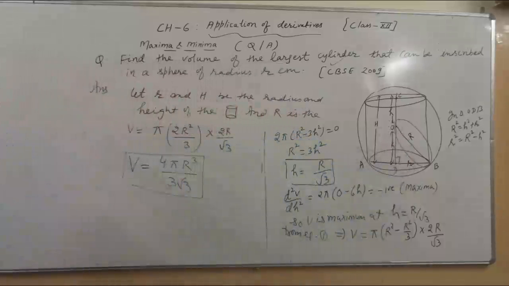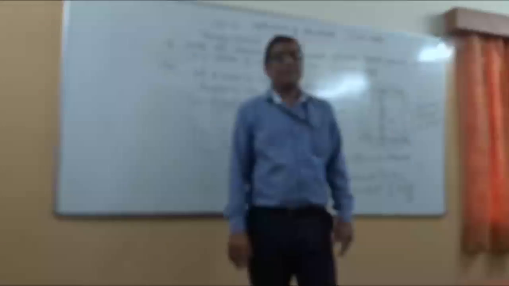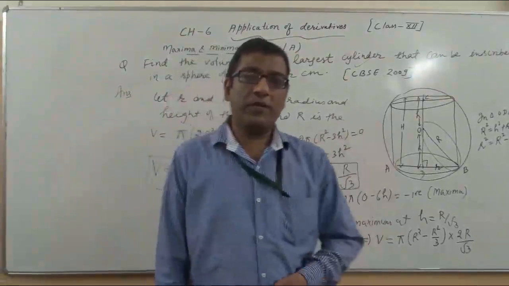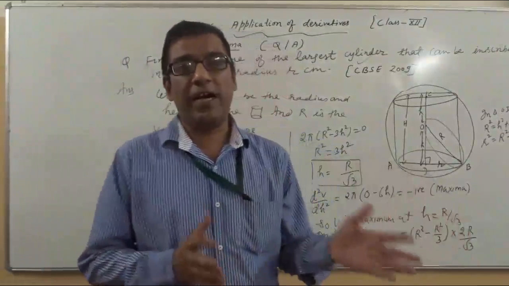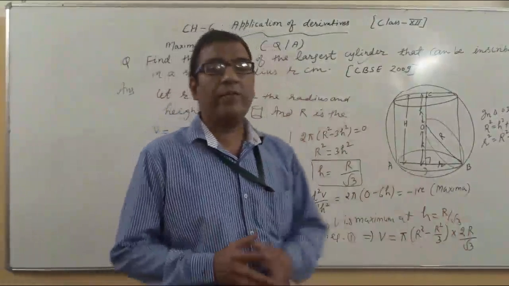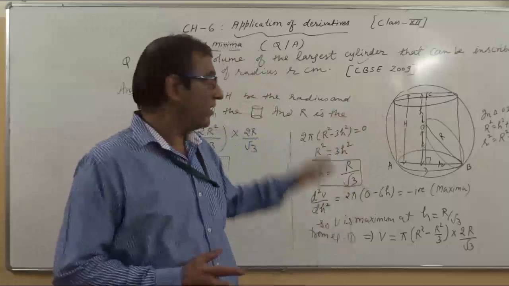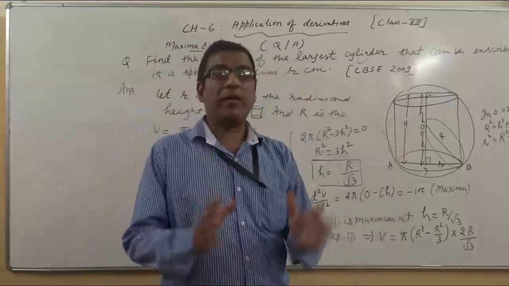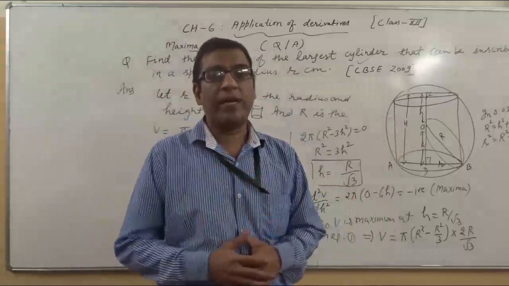So with the help of this procedure, we will solve this problem very easily. With the help of these questions, you can solve the questions which are related with maxima and minima. This concept is very important. So whenever you do the calculation part under maxima and minima, be careful, put all the values very properly and follow the steps of maxima and minima.